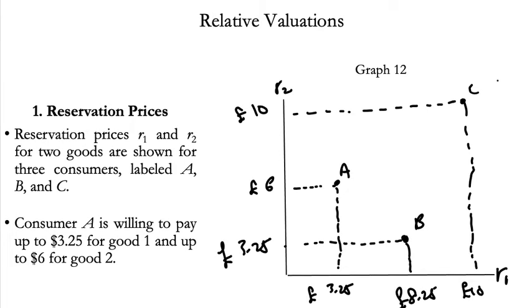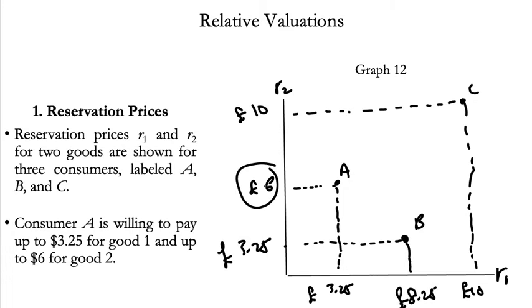Now, if you're the seller, who do you think will purchase your bundle if you sell in the form of a bundle? Do you think A will purchase, B will purchase, C will purchase, or none of them, or only 2, or all of them? Look at consumer A. You can see he wants good 2, isn't it?